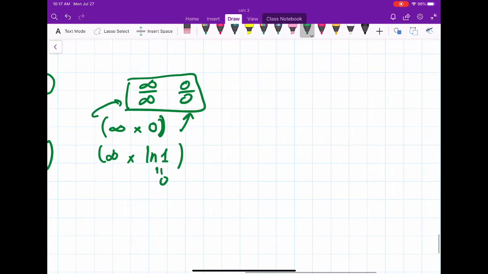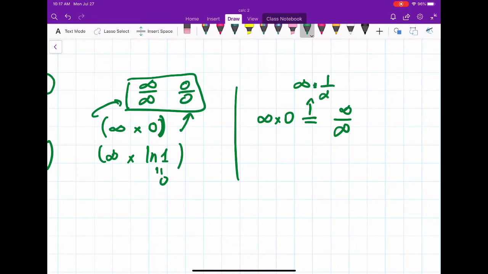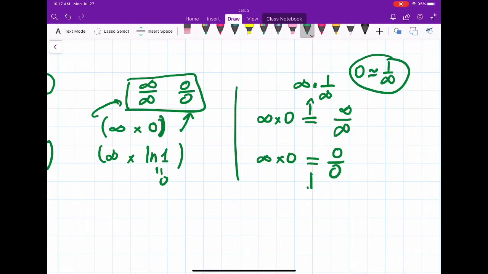Look at this. If you have infinity times 0 and you want to get infinity over infinity, no problem. You write it in the following form: infinity times 1 over infinity, because 0 is kind of 1 over infinity. You see that? And if you have infinity times 0 and you want to write it as 0 over 0, no problem.